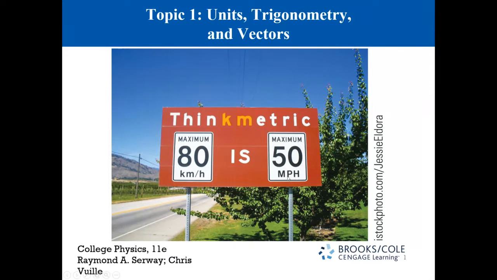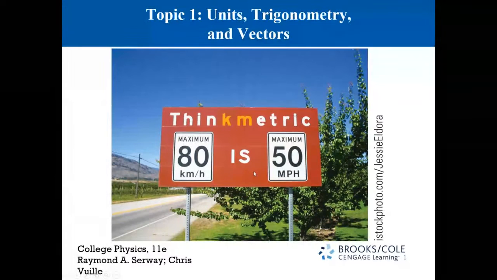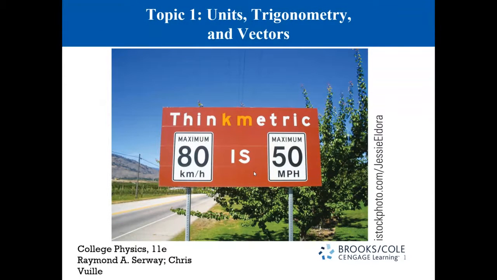I am using standards. Mile is a standard of length. Kilometer is a standard of length. Hour is a standard of time, and so on and so forth. So for any unit to be accepted, it has to be known and it has to be agreed upon in advance among all people in the world.